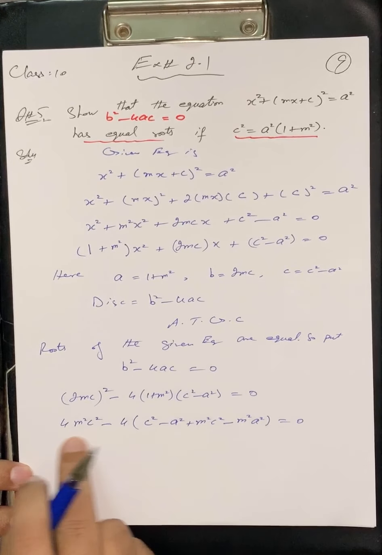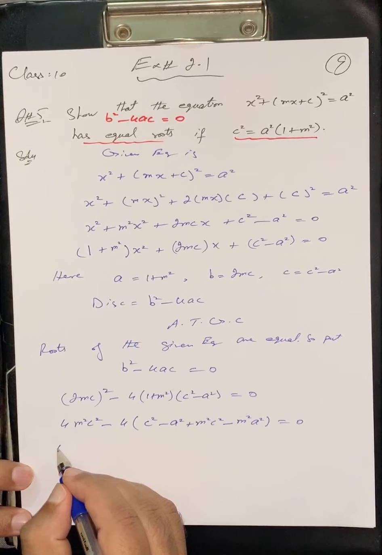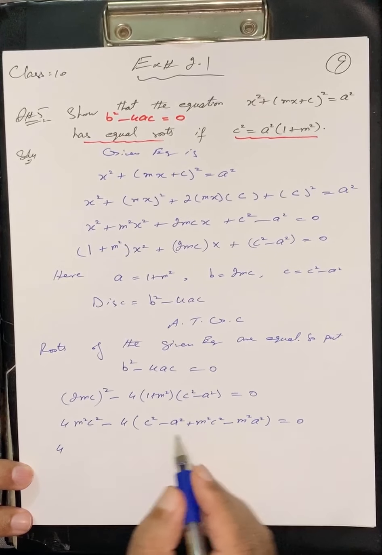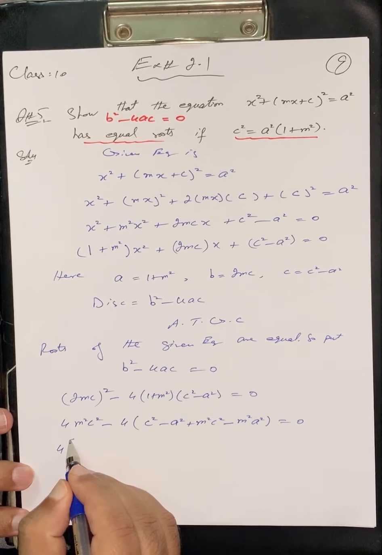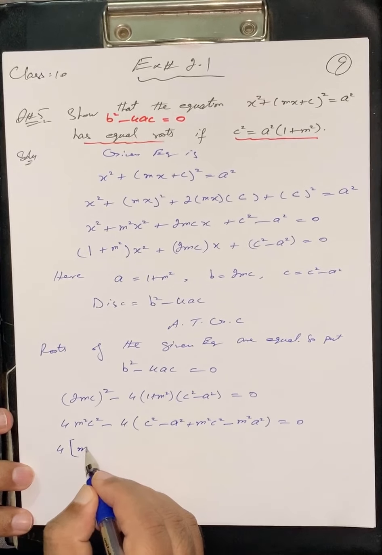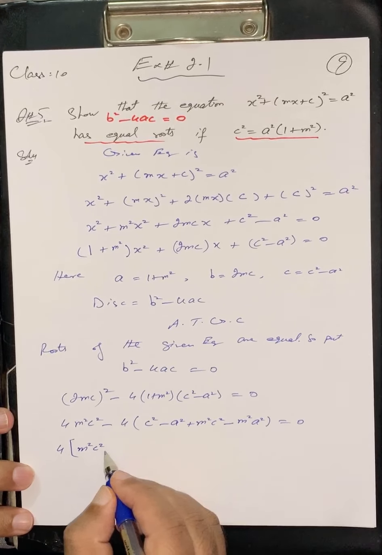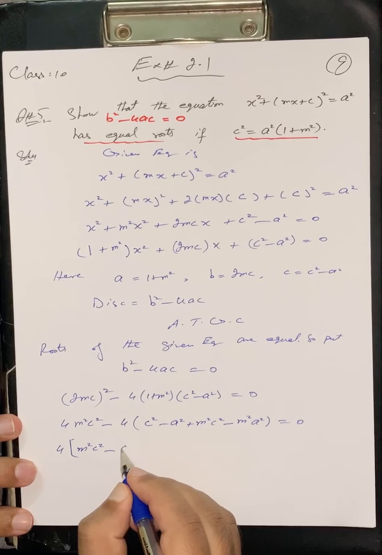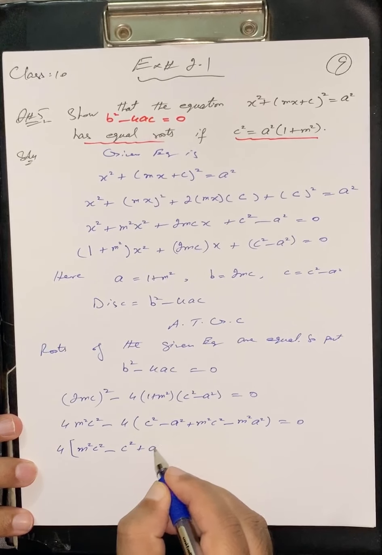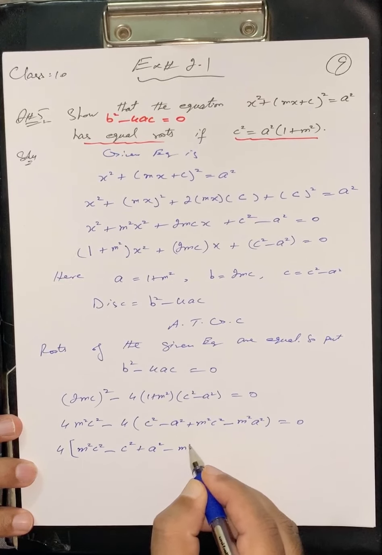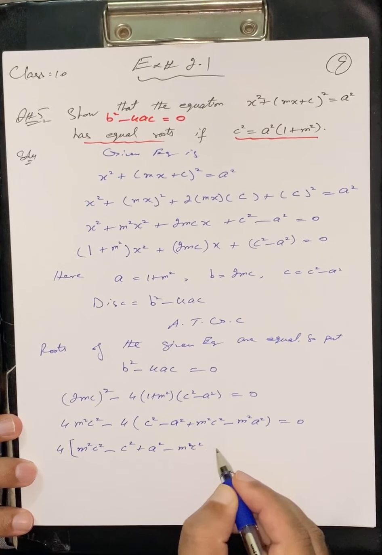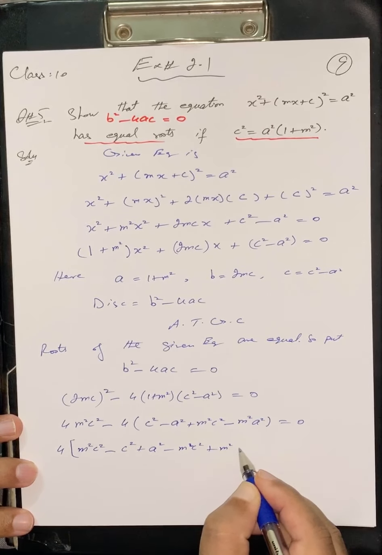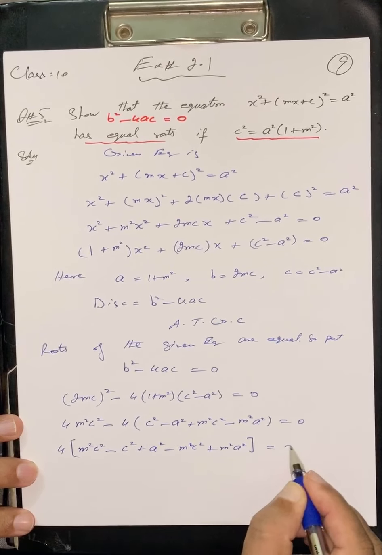Now from both, 4 is common. When you take anything common, one value must cancel. What is left behind? m squared c squared minus, change all the signs because we have the negative sign outside: minus c squared plus a squared minus m squared c squared plus m squared a squared equals 0.